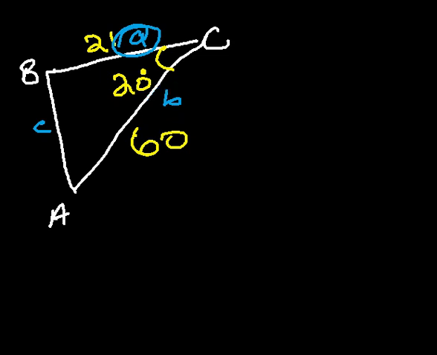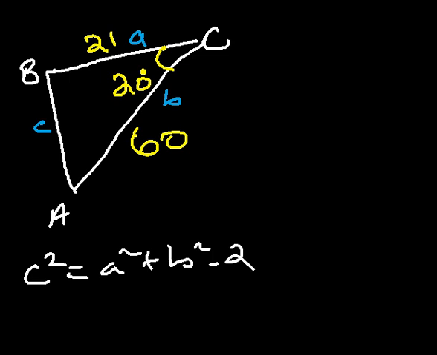So we'd like to have the value of the side C. We're going to use the cosine law because the opposite angle of the side we're told to find has been given, and the value of the other two sides has also been given. So we'll have C squared is equal to A squared plus B squared minus 2AB times the cosine of angle C.